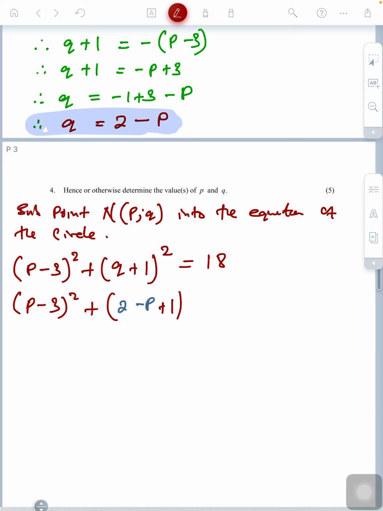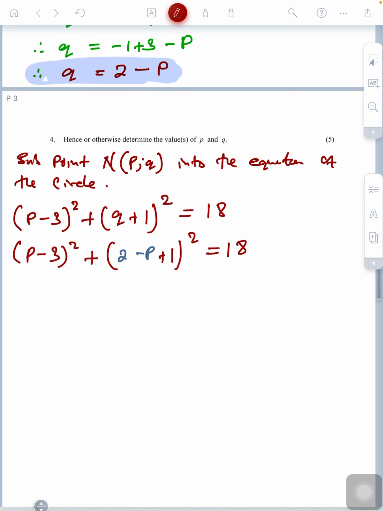So it's plus 1, and then I have to square that, equals 18. And then I'm just going to remove the brackets carefully. Let me first simplify that. So this is going to be (p minus 3) all squared plus (3 minus p) all squared equals 18.